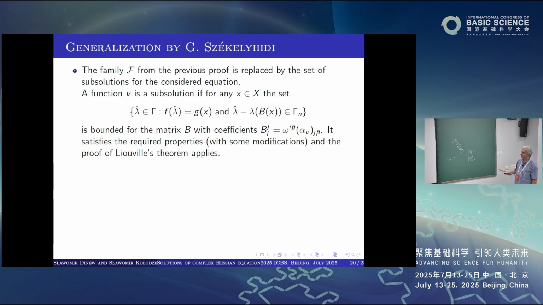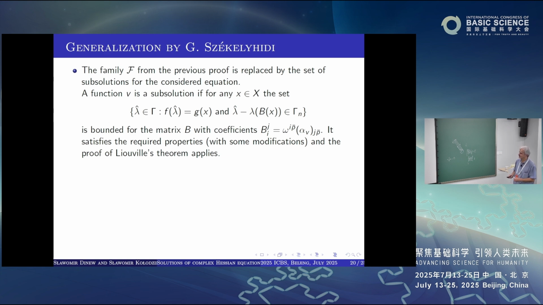This should be true for any matrix of this endomorphism which I mentioned. The matrix is given by this trace. And Gábor proved that it satisfies, up to some modifications, the properties needed for the proof of the Liouville type theorem, and he got the same proof here.